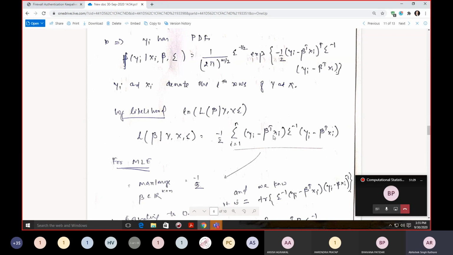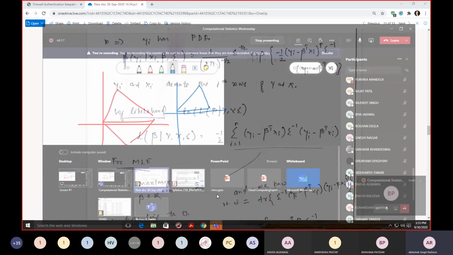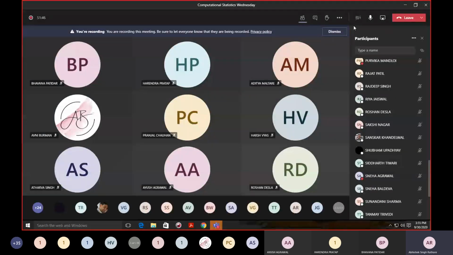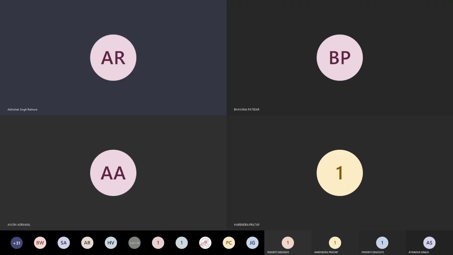So it gives a bell shape which is open downwards. It looks like this, let me draw it. Let me share my whiteboard.